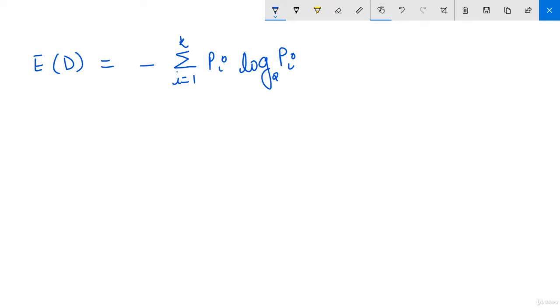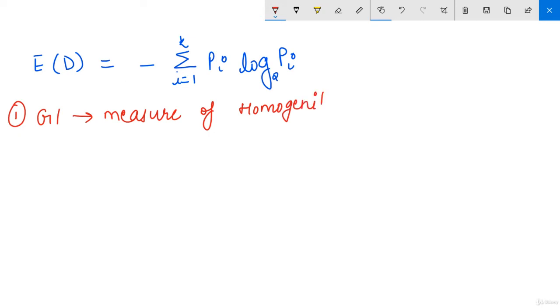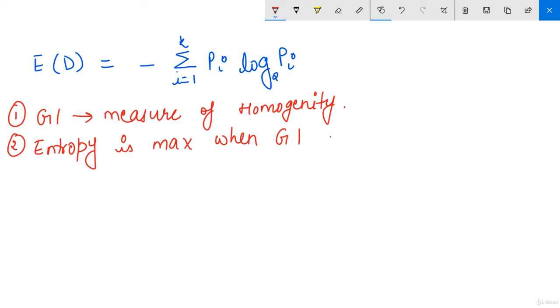Okay, so some basic points I must write down to remember. Gini index is a measure of your homogeneity. Entropy is maximum when Gini index is minimum.